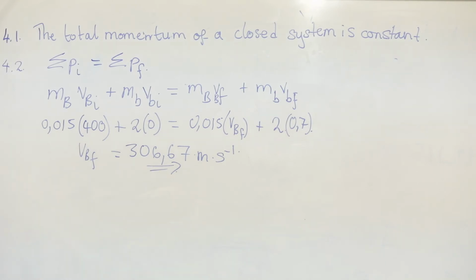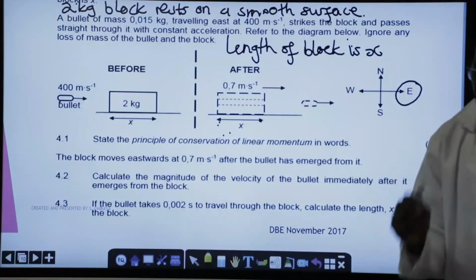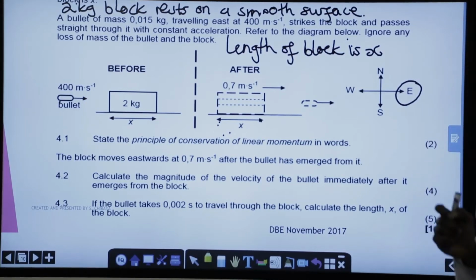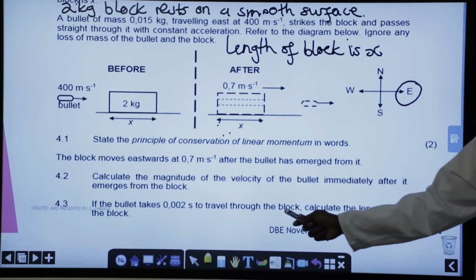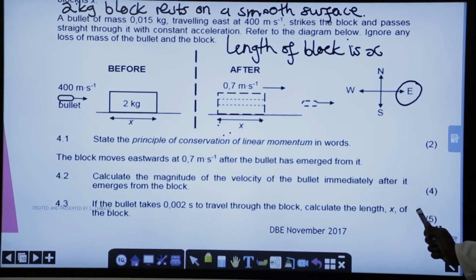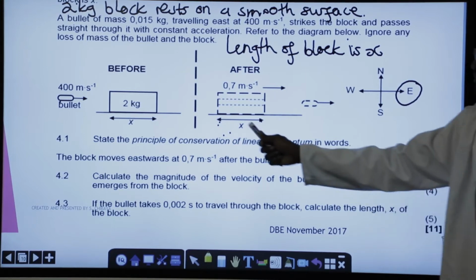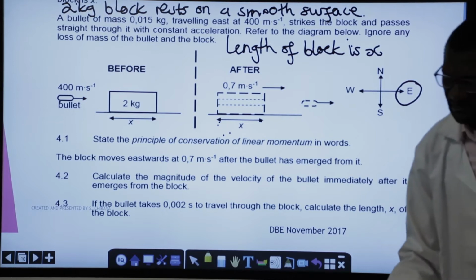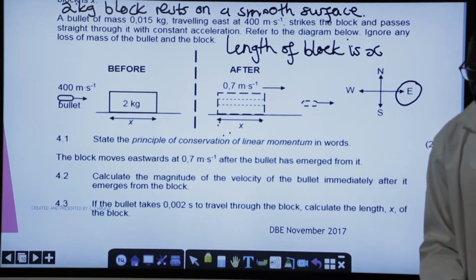Next question, 4.3. It says, if the bullet takes 0.02 seconds to travel through the block, calculate the length x of the block. So we want to find the length x of the block.